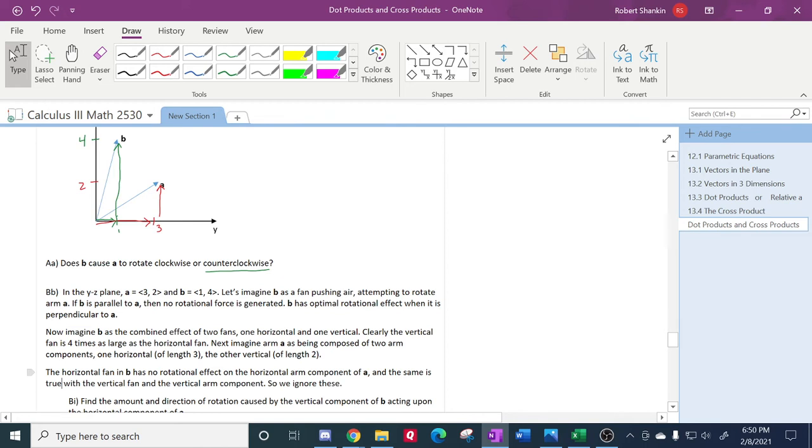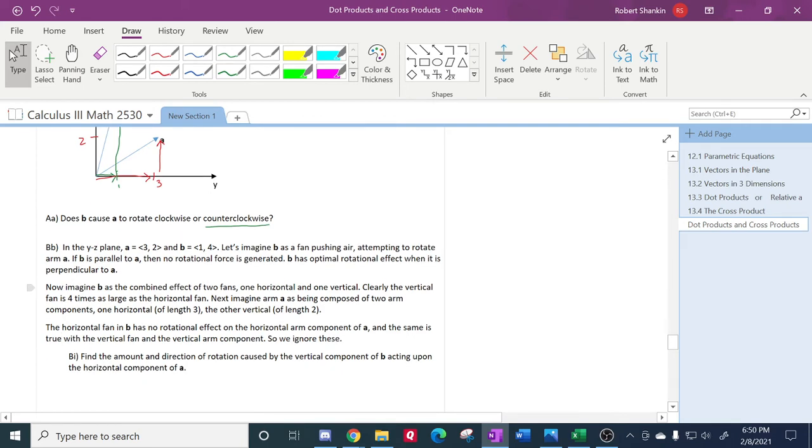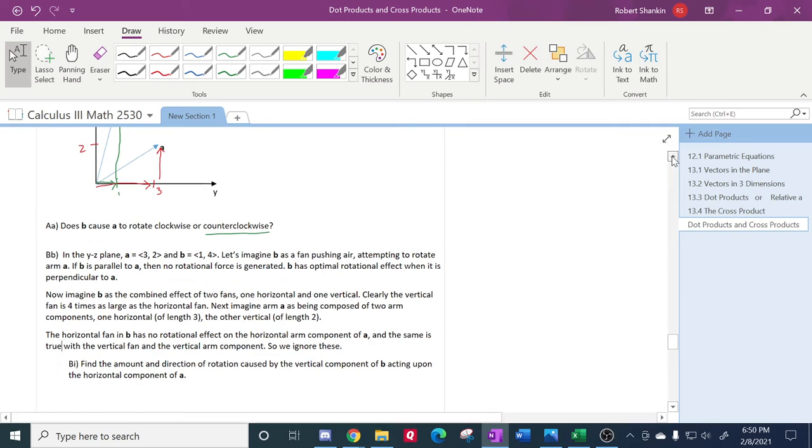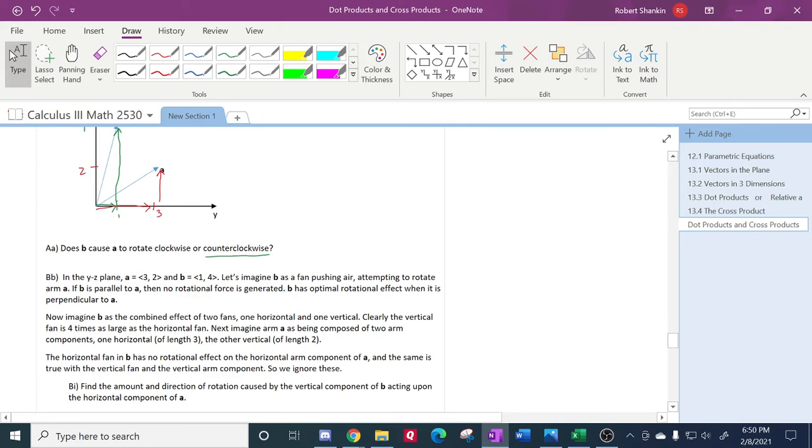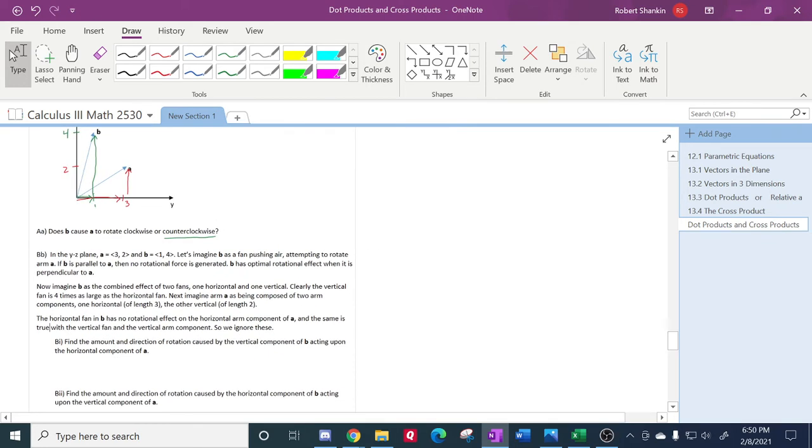So we ignore these. So there are 2 fans, and this arm that's being rotated has 2 portions. We've replaced this plank with 2 other planks of wood. So B, part 1. Find the amount and direction of rotation caused by the vertical component of B acting upon the horizontal component of A.